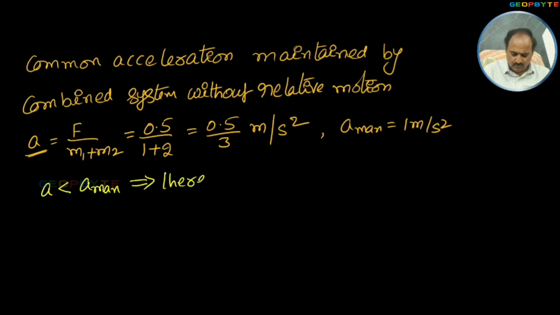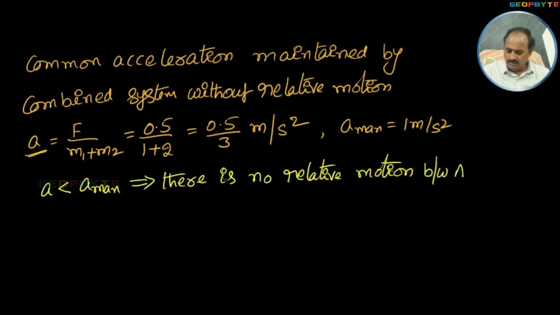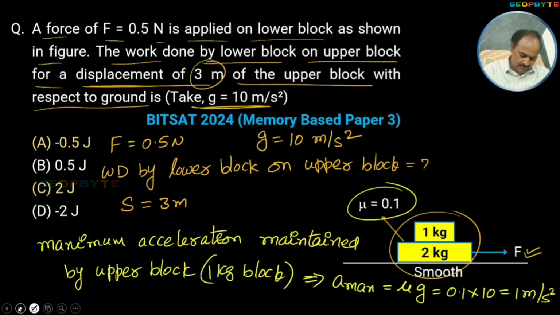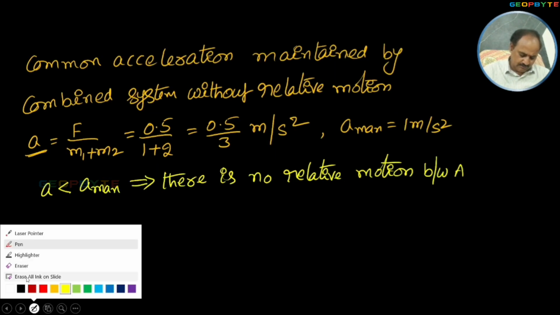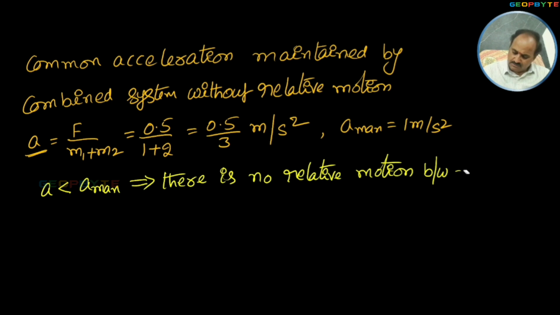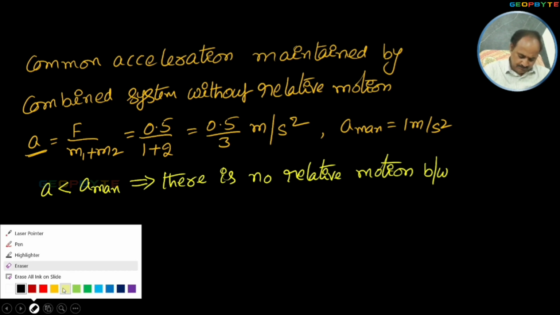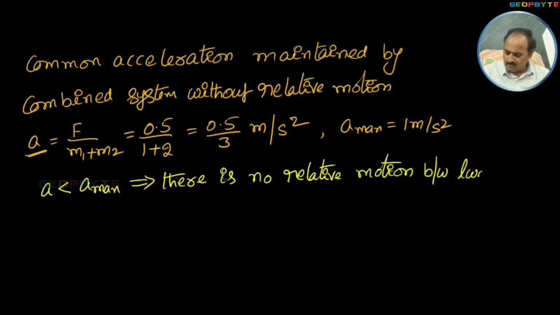Therefore there is no relative motion between A and B. A and B means the upper block and the lower block. There is no relative motion between the two blocks.